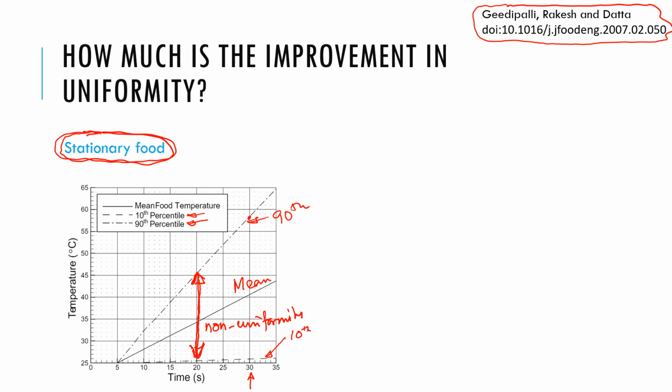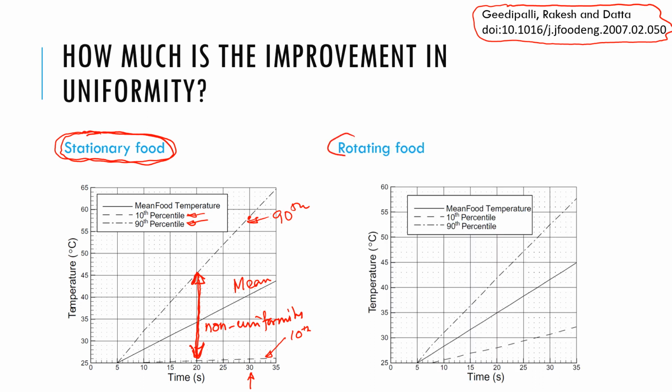Let's see. So here is a rotating food, meaning the turntable is now rotating. So let's look at 20 seconds. At 20 seconds now, here is the measure of non-uniformity, which is lower.